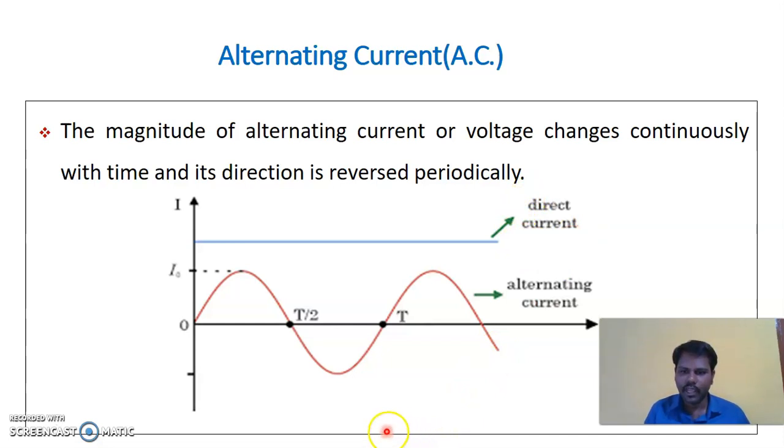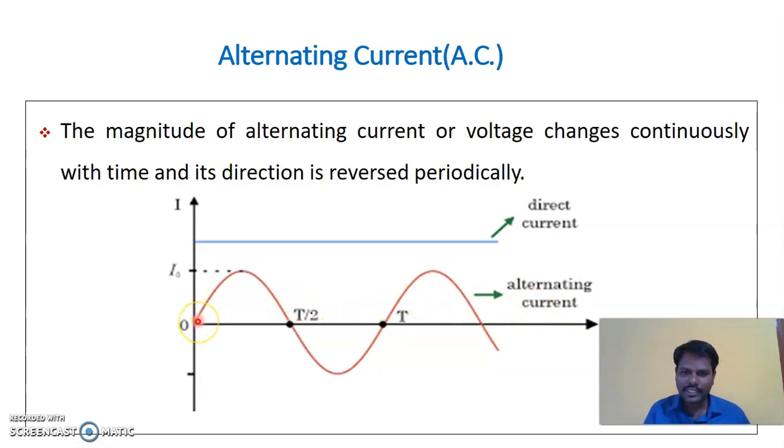However, if the magnitude of the alternating current or voltage changes continuously with time and its direction is reversed periodically, we call that an alternating current.